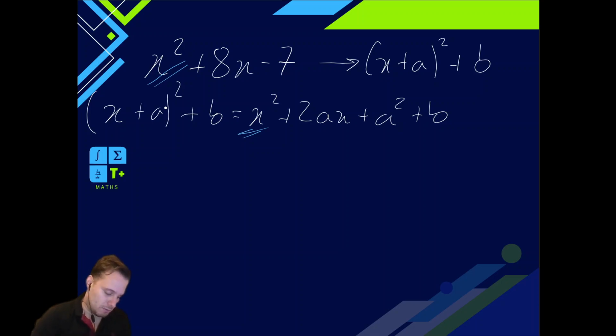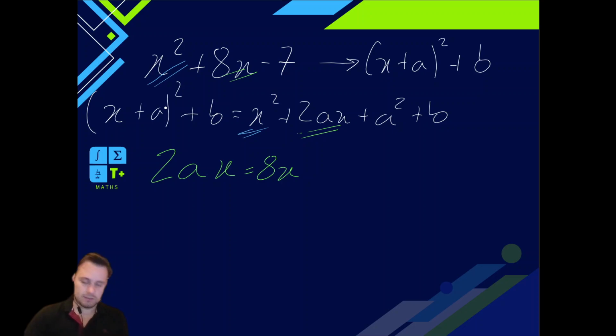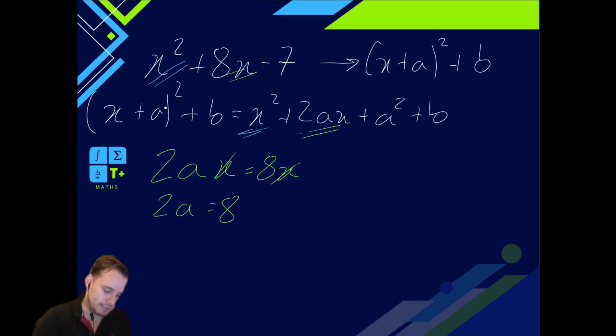Now we're going to focus on the term that has an x. 2ax has to be equal to the 8x. Clearly you can see that the x's will cancel out, and then we get that 2a is equal to 8.